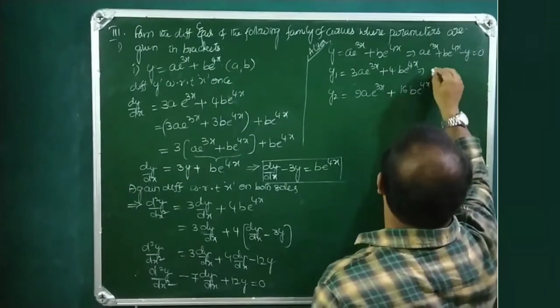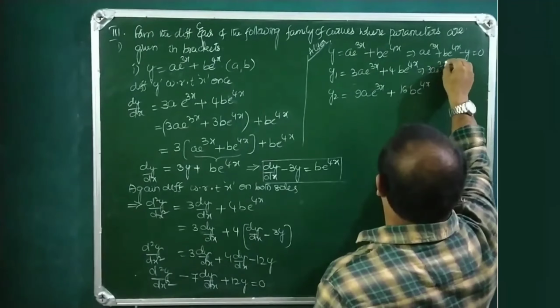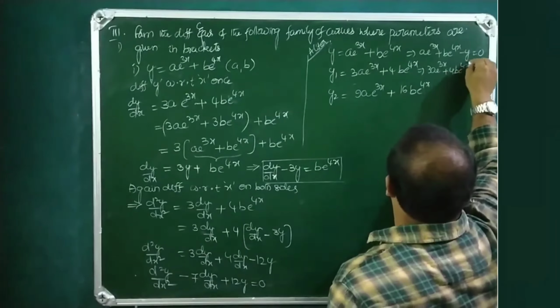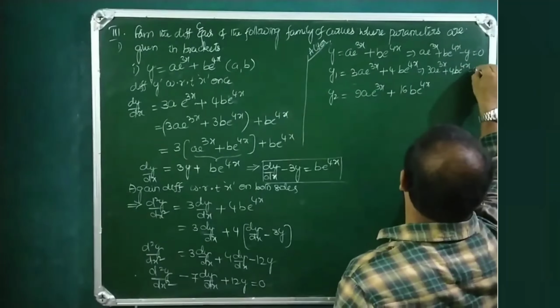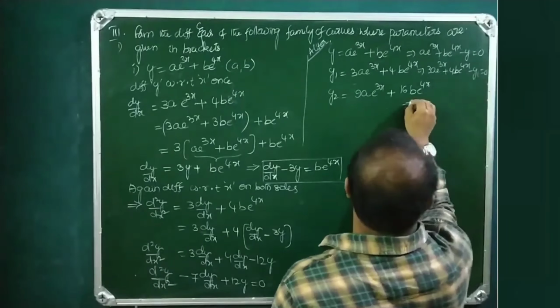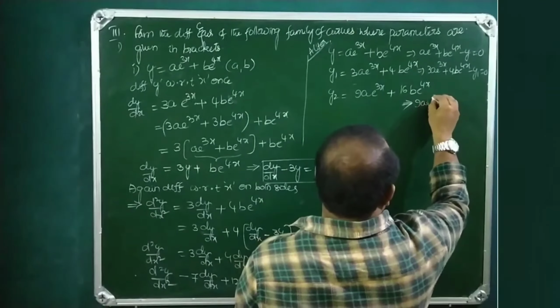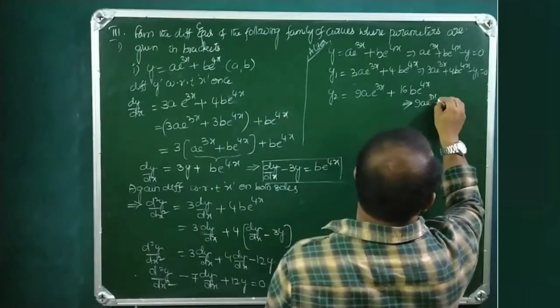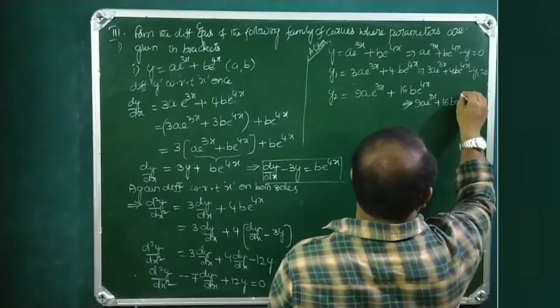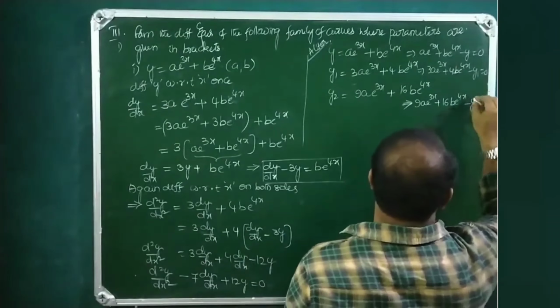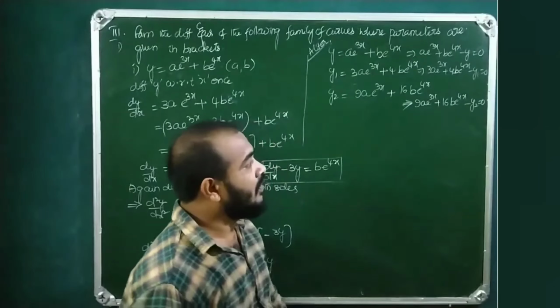This is 3a e^(3x) plus 4b e^(4x) minus y1 equals 0, and this is 9a e^(3x) plus 16b e^(4x) minus y2 equals 0.